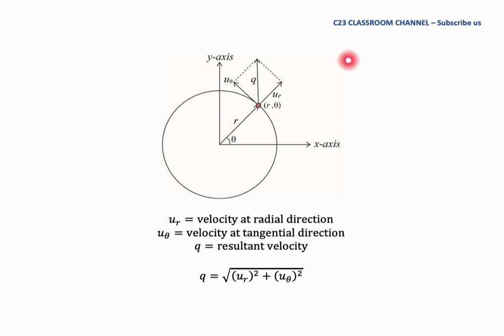The resultant velocity we write as q, using this equation, which is similar to the Cartesian coordinates. So we have q equals the square root of U_r squared plus U_theta squared.